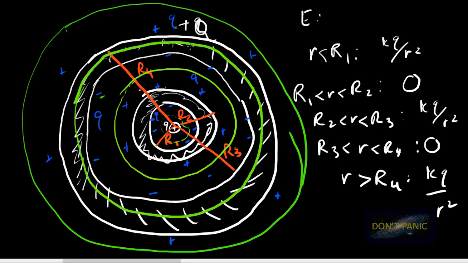Okay, so basically just send your excess charge on the outside of a conductor. So that's how you handle these problems for the electric field.